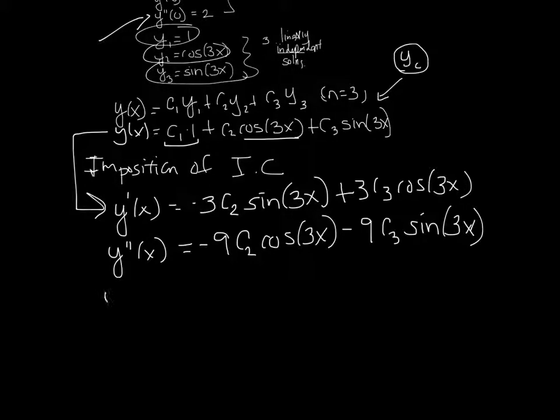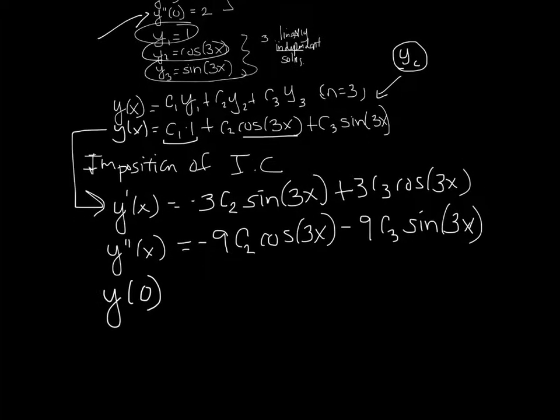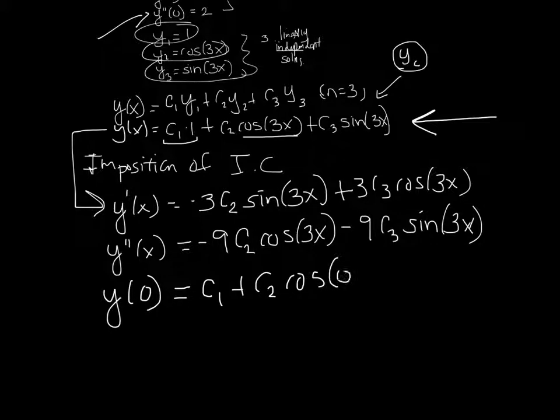So first, y of 0, which is 3. I'm looking at y of x. So that is c1 plus c2 cosine of 3 times 0, which is 0, plus c3 sine of 0. And all this is supposed to give me 3.